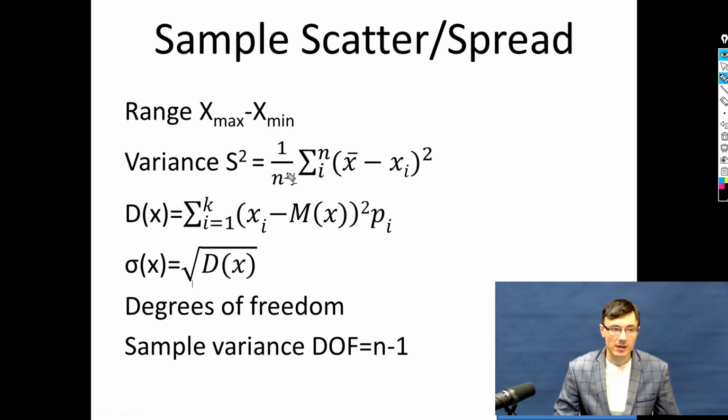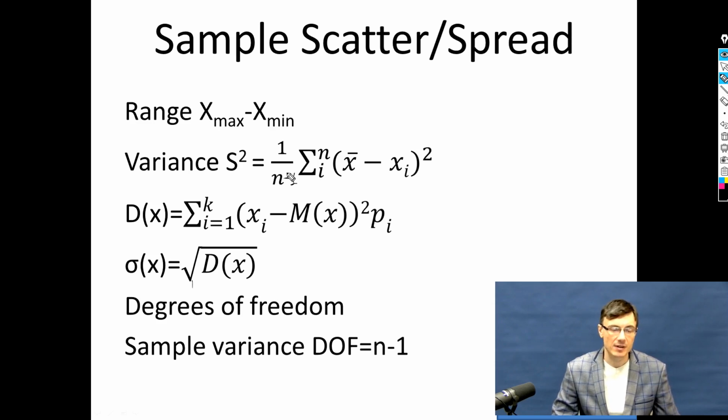Then the conception of variance is very close to the conception of dispersion, and its formula you can see on the screen. And then you have to calculate the standard deviation of your sample by this formula.